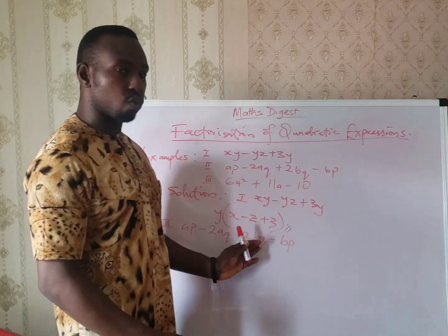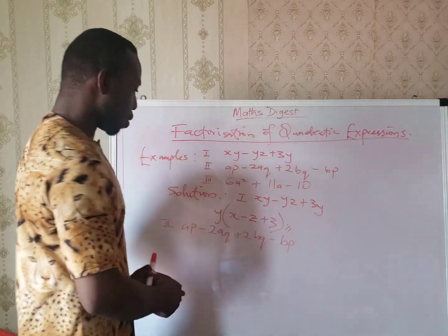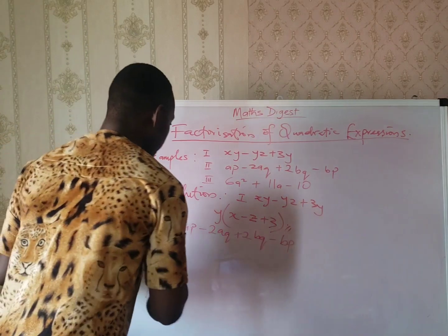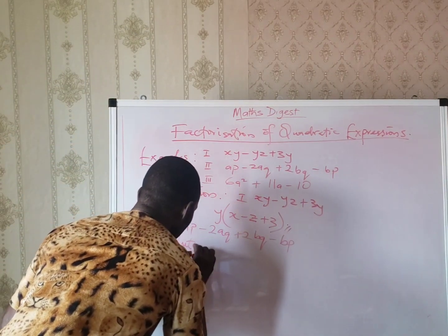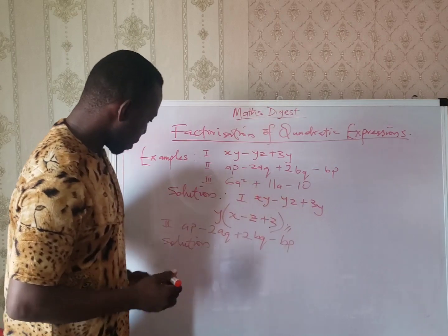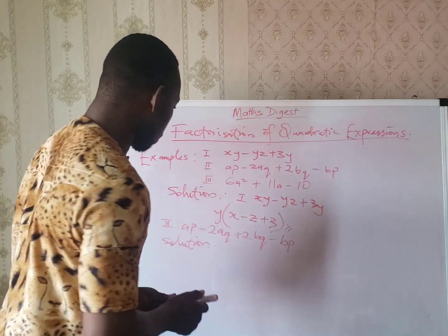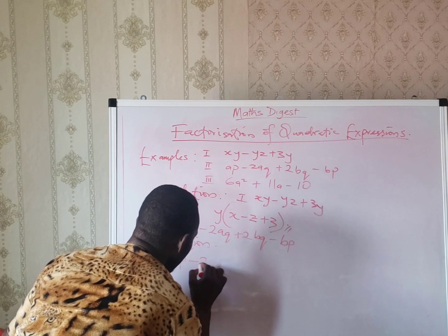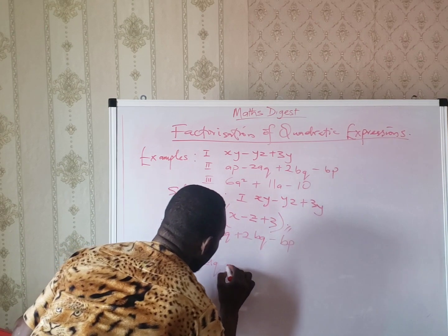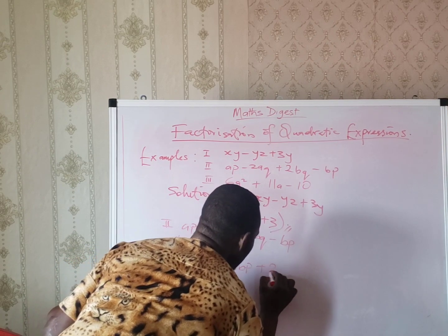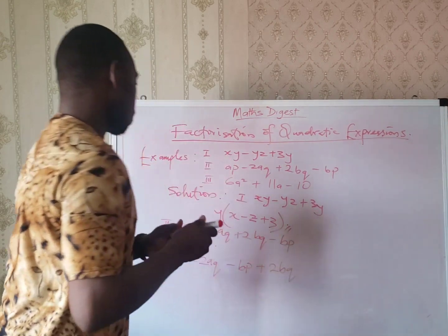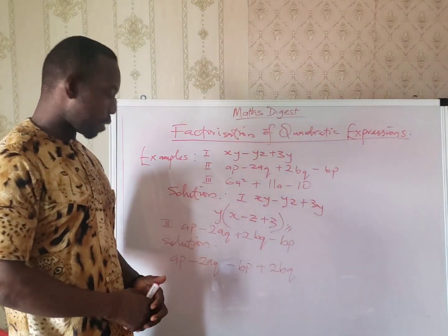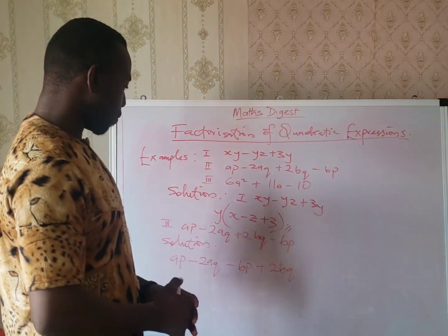So we're going to rearrange this expression so that it will suit well. Now I'm going to rewrite this expression. This is still the same thing as what we have here. I just did the rearrangement for it to suit what we're about to do.